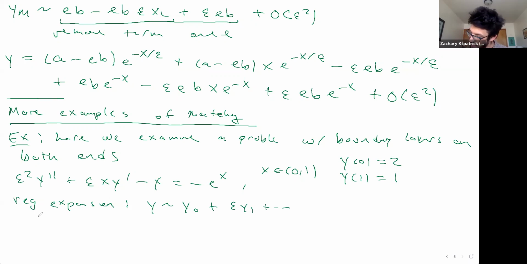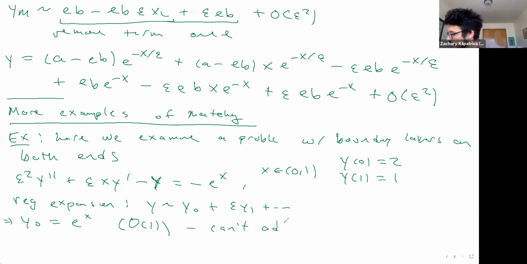Now, what we'll see immediately if we plug this in is that at order 1, we just get y0 equal to e to the minus x. So this should be a big area. Draw it as such. And of course, it can't address the boundaries at both ends.